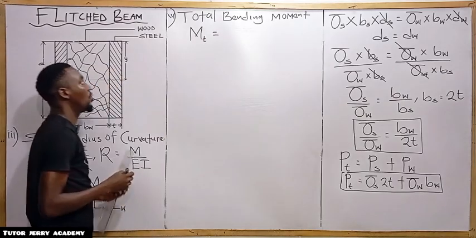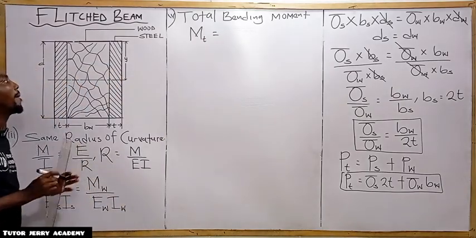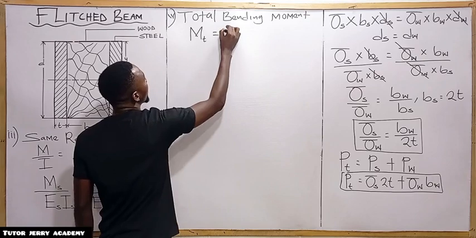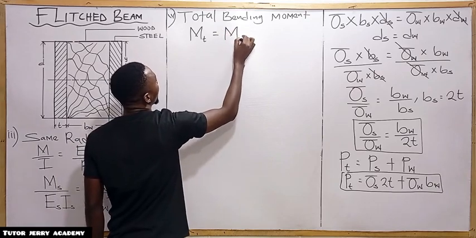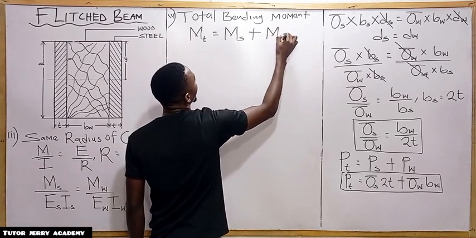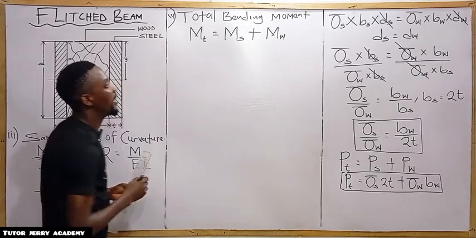This will be equal to the bending moment of steel plus the bending moment of wood. So that is what we are going to have.